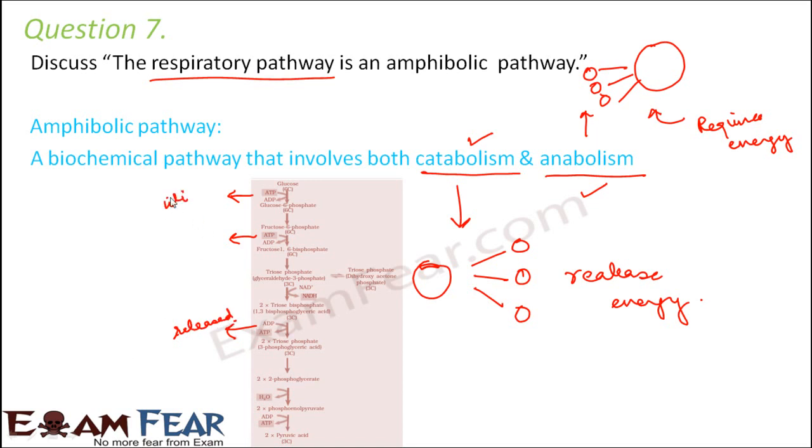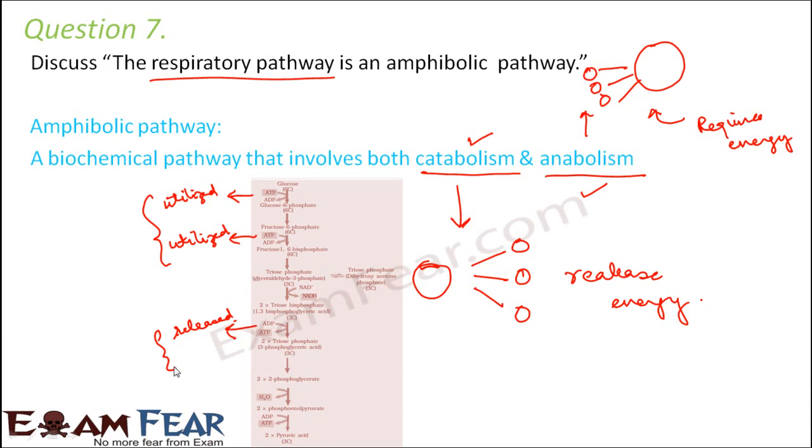So somewhere energy is utilized, whereas at some places energy is released. Wherever energy is getting utilized, that means bonds are getting formed, and wherever energy is getting released, that means bonds are getting broken. Now since both types of reactions take place in the respiratory pathway, that is why the respiratory pathway is called an amphibolic pathway.